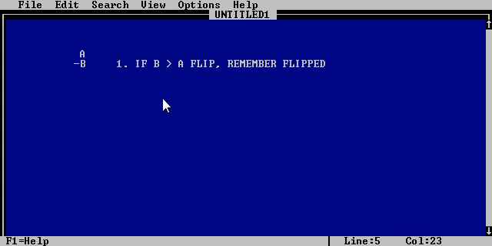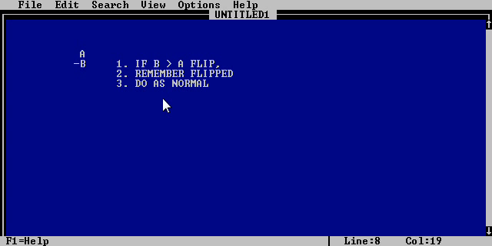Step 1, flip; step 2, do the subtraction as normal, and then put a minus sign in front of the result. Make the result negative. Okay.